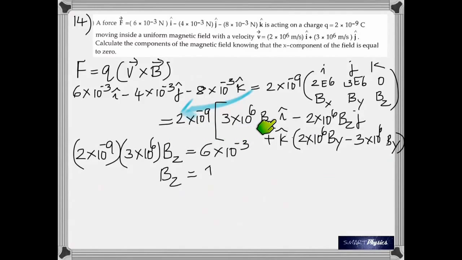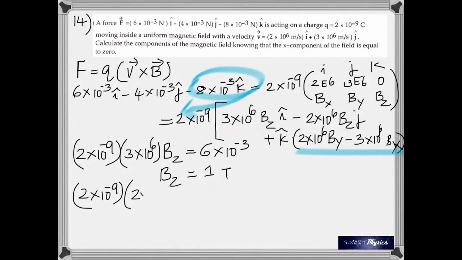That's the coefficient of I, BZ of course. So that's why I've put them equal to each other, from which you can calculate BZ as 1 tesla. And then again put the coefficients of K on either side equal to each other.